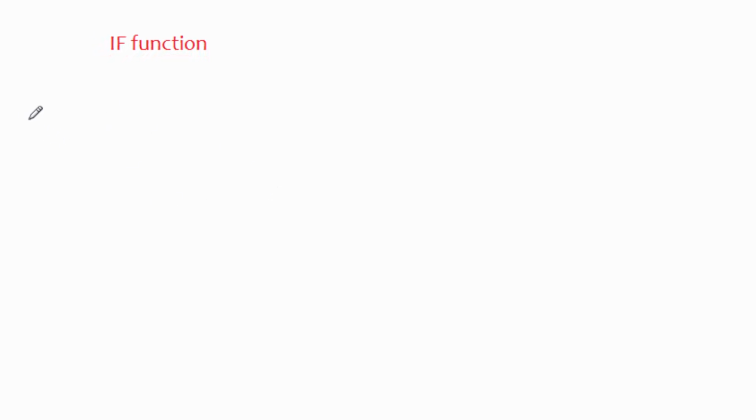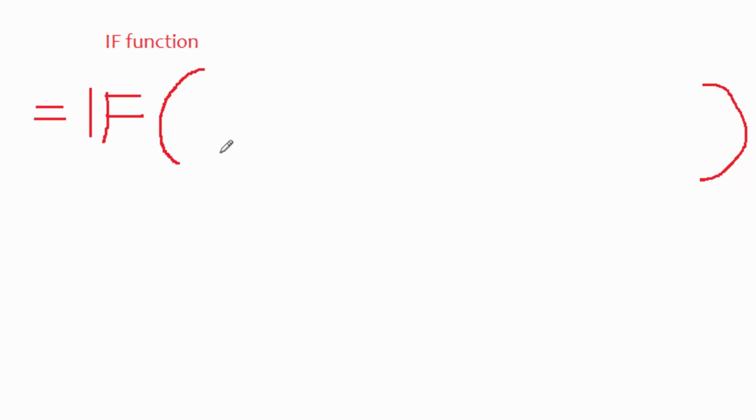So the if function is written by starting with equal sign, then you just write the word if, then you open the bracket. Inside the bracket we have 3 parts. The first part is the logical test.